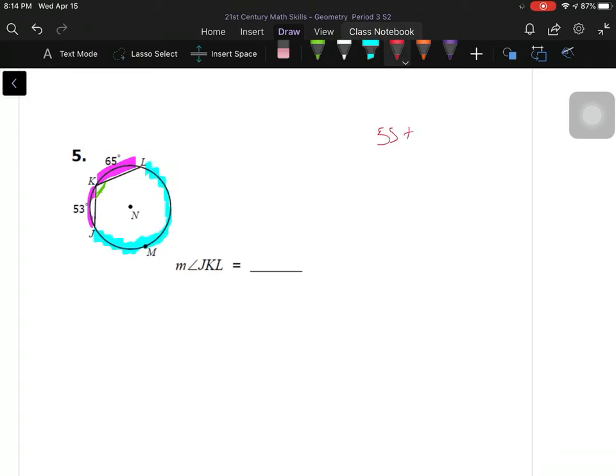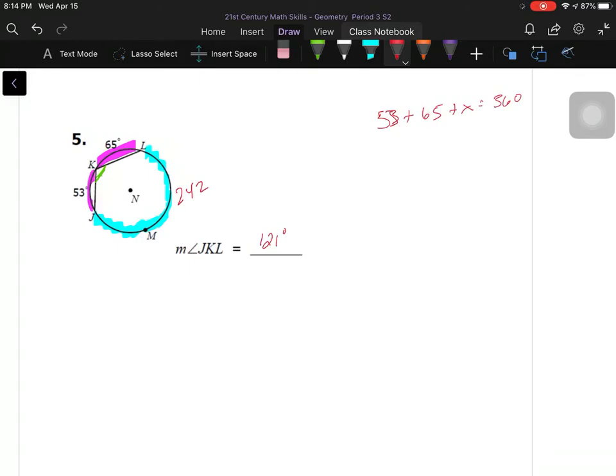So 53 plus 65 plus x equals 360. So 360 minus 53 minus 65, that's going to be 242. So then I cut that in half, 121.